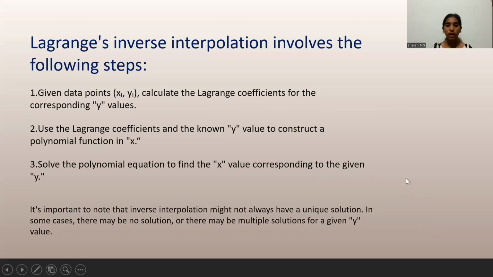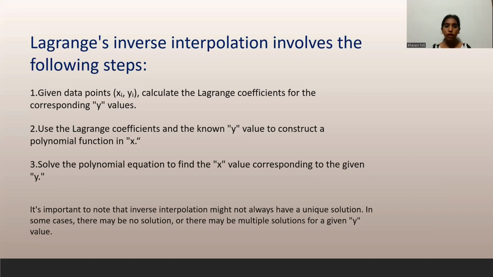Lagrange's inverse interpolation involves the following steps. Given data points (xi, yi), calculate the Lagrange coefficients for the corresponding y values. Use the Lagrange coefficients of the node y values to construct a polynomial function in x.